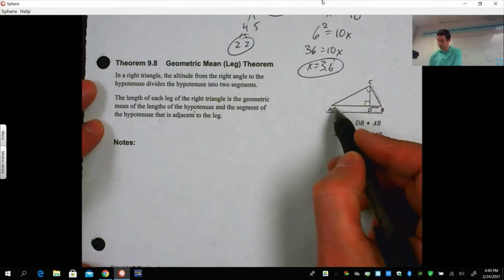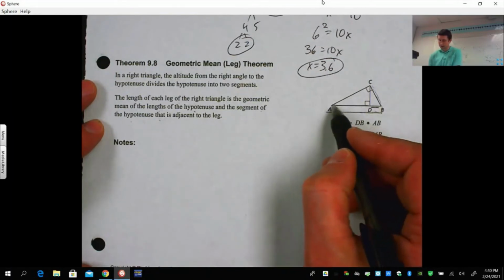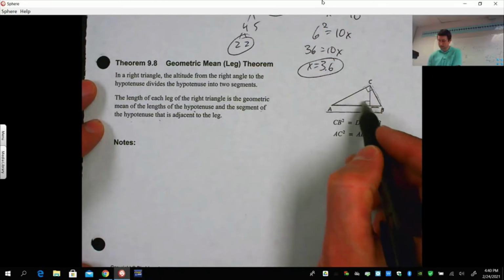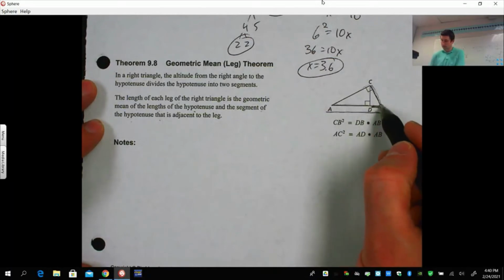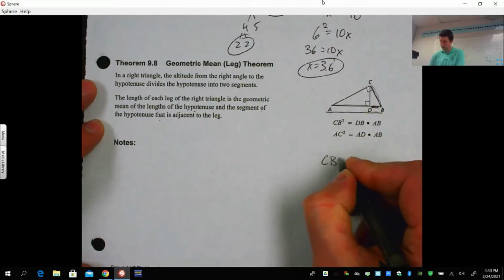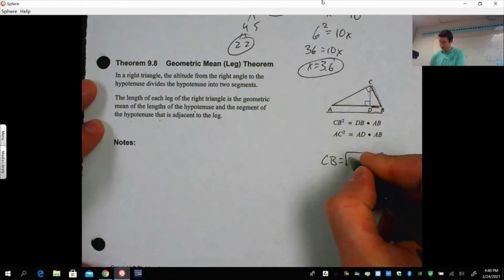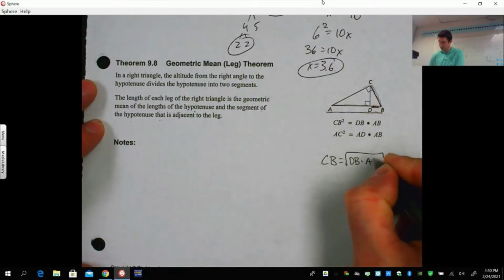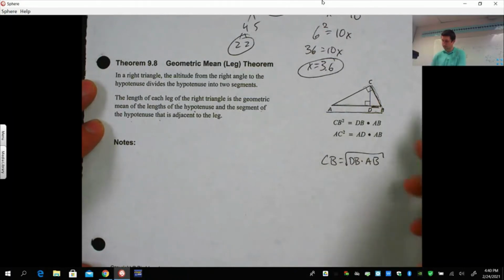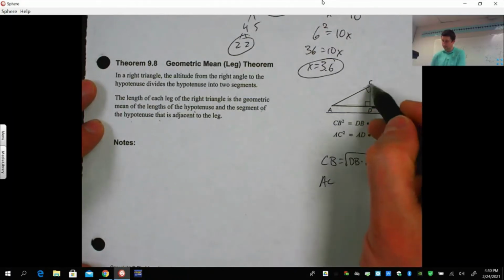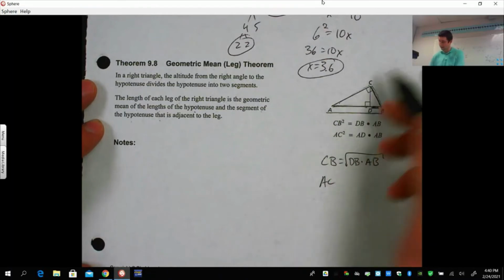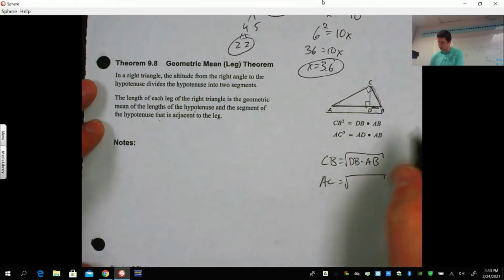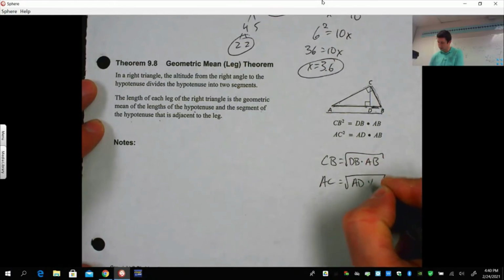So the hypotenuse is AB, and the segment of the hypotenuse adjacent to the leg you want. If I'm looking for CB, this part of the hypotenuse is the part adjacent to it. So CB is going to be the square root of DB times AB. Likewise, for AC, the other side, I take the hypotenuse times the part of the hypotenuse that is adjacent to the side I want. So AC is going to be the square root of AD times AB.